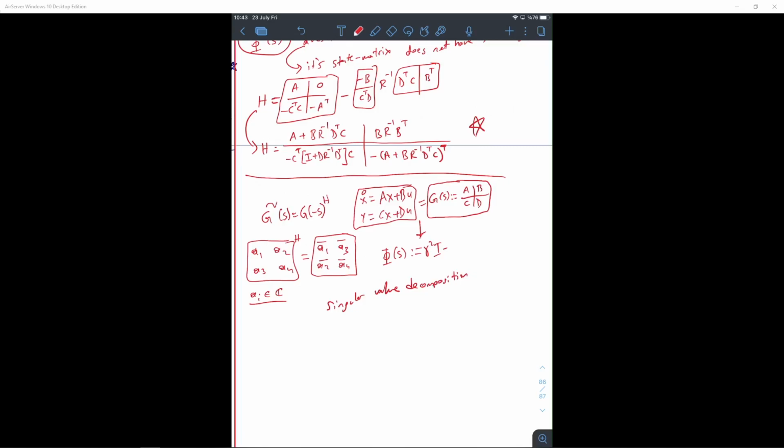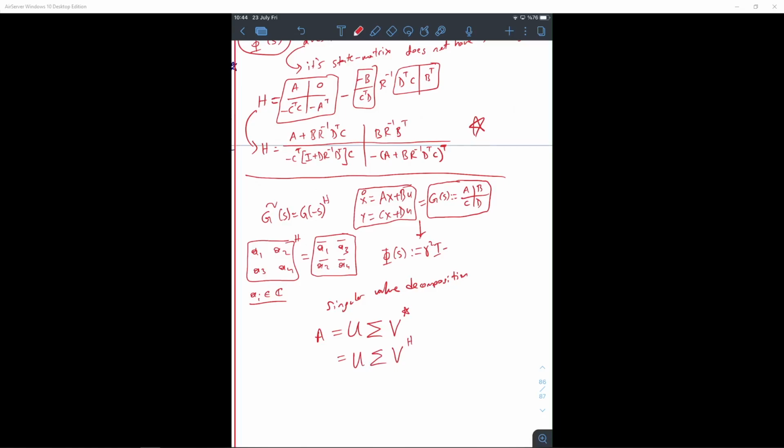For example, A is U, capital U, sigma, and V, and in most of the sources you see this asterisk, or you see this Hermitian.